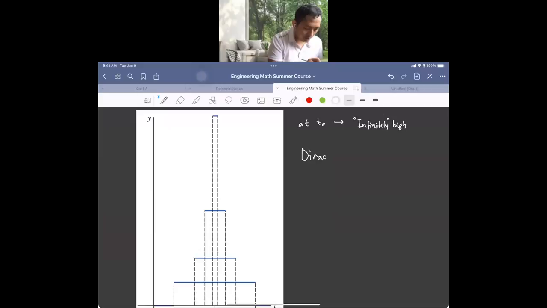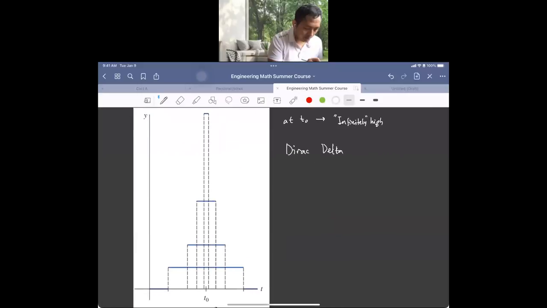So the Dirac delta, from this illustration, we can write the Dirac delta function as delta of t minus t0 is equal to the limit as a goes to 0 of delta a of t minus t0.